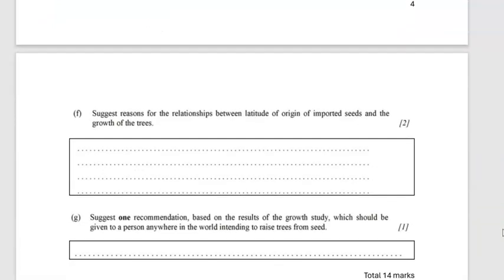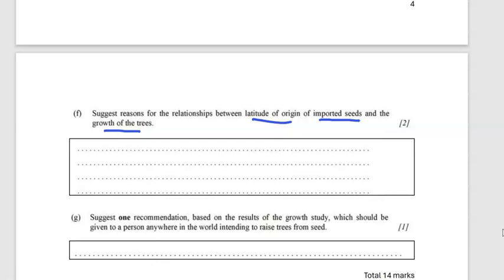It then asks us to suggest a reason for the relationship between the latitude of origin of the imported seed and the growth of the trees. So I think we think of the trees from the south will no doubt have developed in that region over a long period of time and are locally adapted.